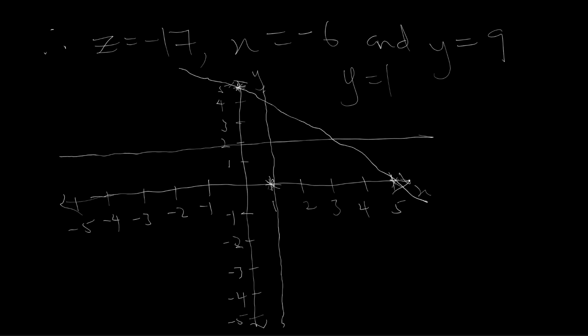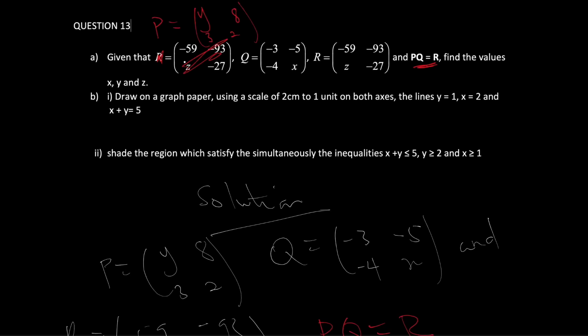All right. So moving on to the last question, BII. It says, shade the region which satisfy the simultaneous inequalities x plus y is less than or equal to 5, y is greater than or equal to 2, and x is greater than or equal to 1.